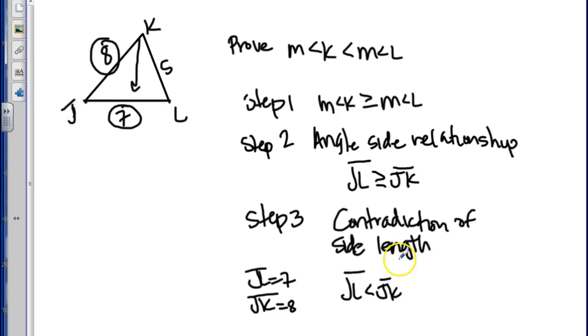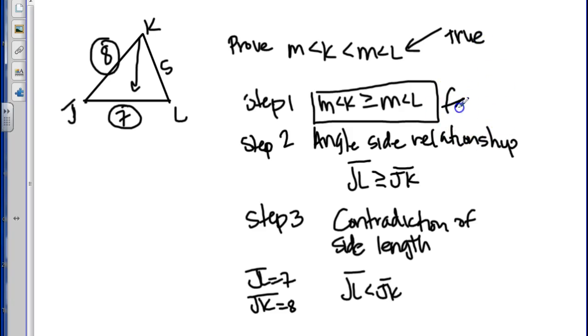So therefore, since we have this contradiction, that contradicts our step one, our assumption, which means our original conclusion must be true. All right, so this is false, which means the original must be true. So therefore, the measure of angle K has to be less than the measure of angle L.